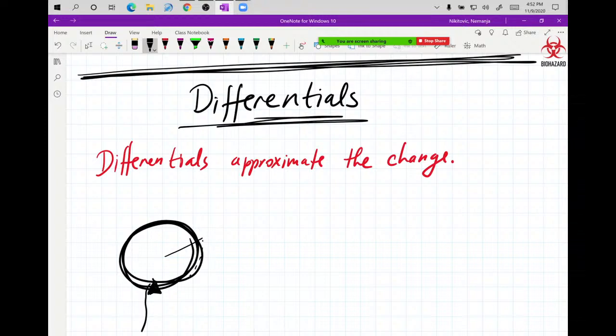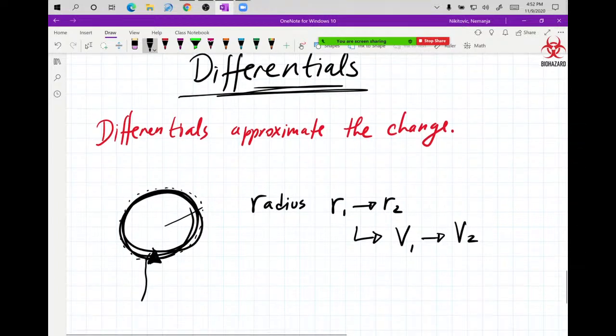The radius grows and the whole balloon becomes a little bit bigger. So your radius went from R1 state into R2 state. Whether it became larger or smaller, I don't care, but for our purposes, we added a little bit extra air, so it became larger. Now, as a consequence of that, immediately volume went from volume 1 to volume 2.